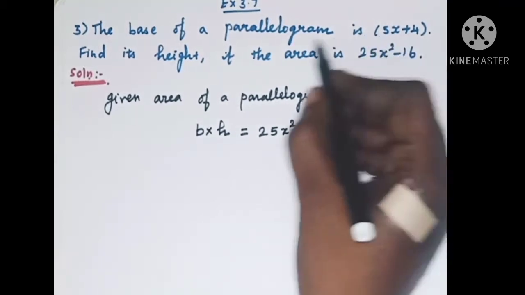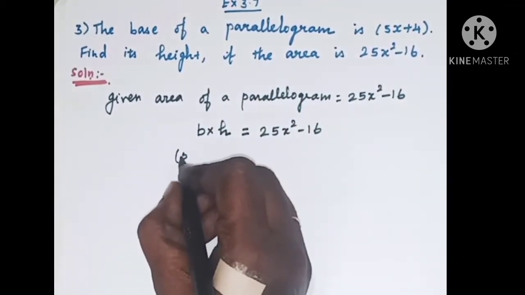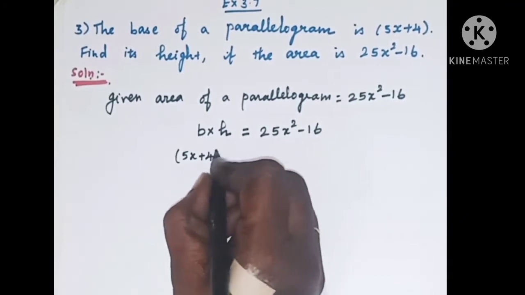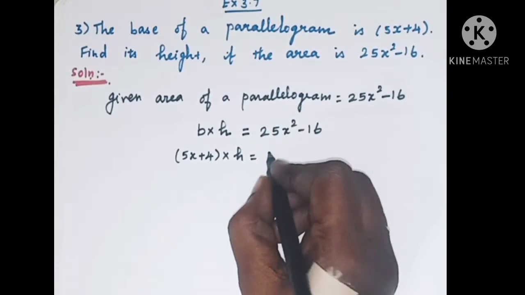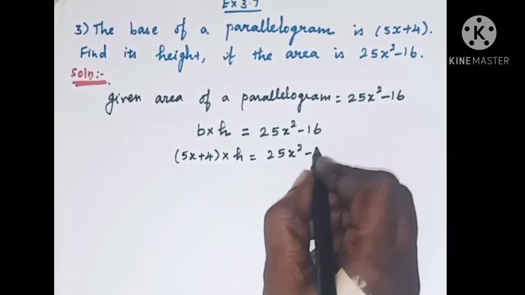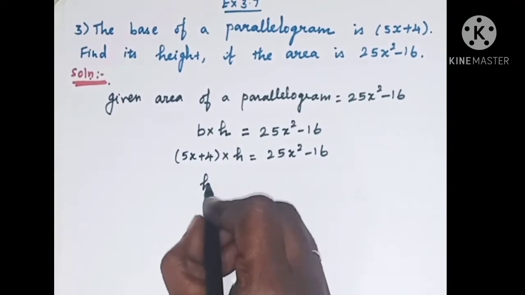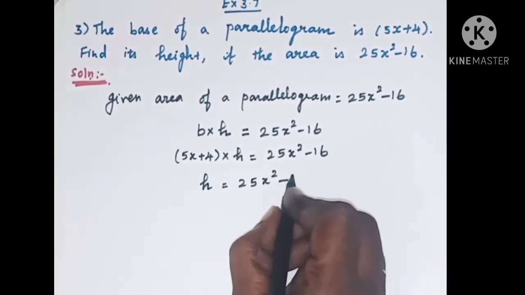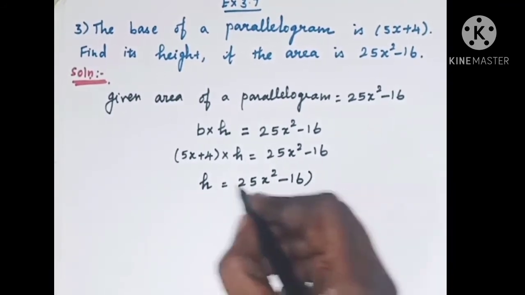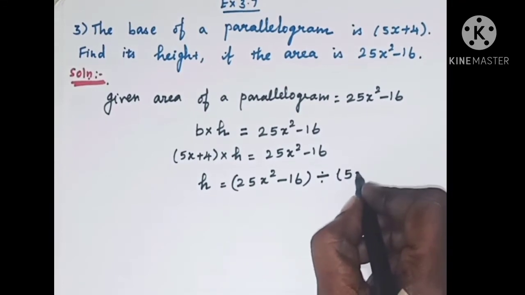Here they have given the base of the parallelogram as 5x plus 4, so substitute it in the place of B. Base is 5x plus 4 and height is H. From this, we have to identify the height. H is equal to 25x square minus 16 divided by 5x plus 4.